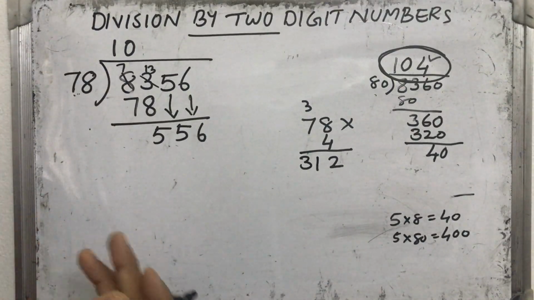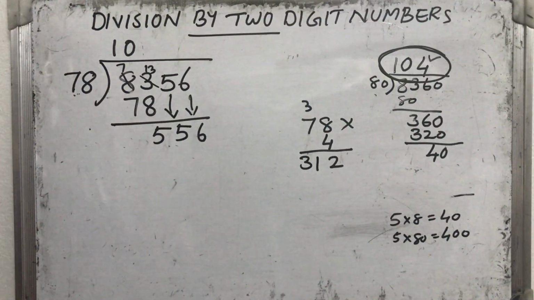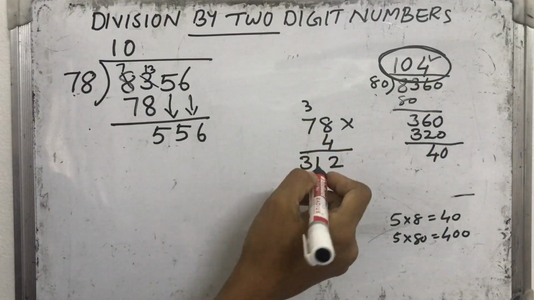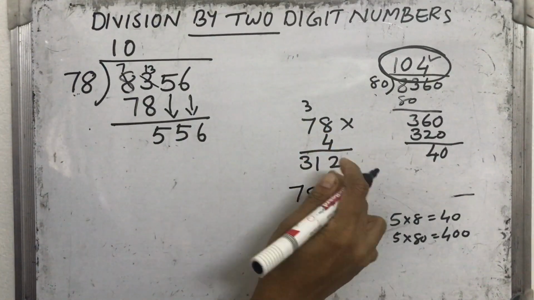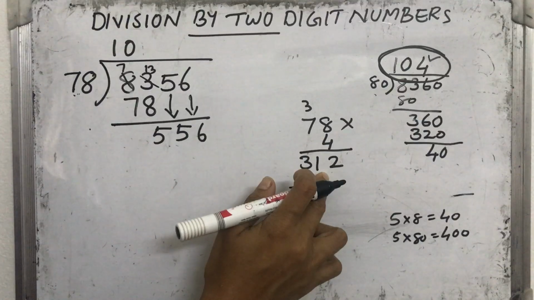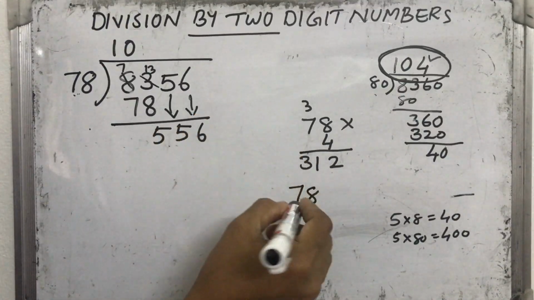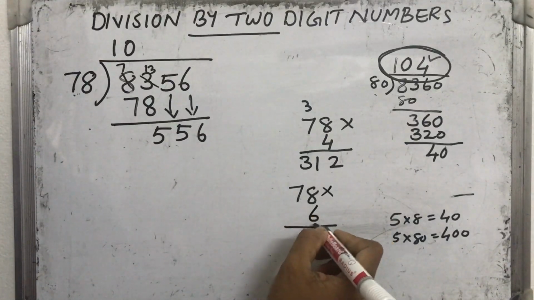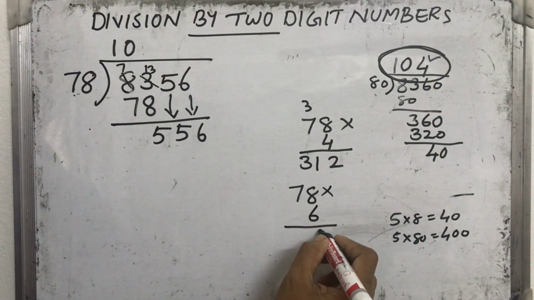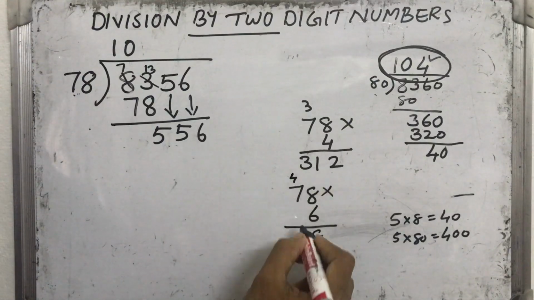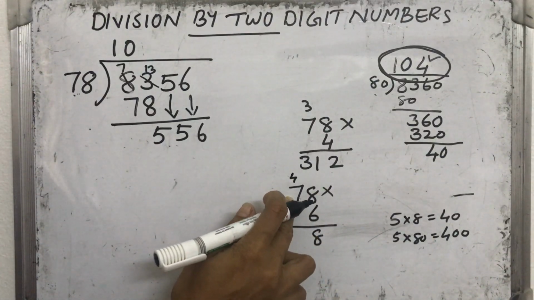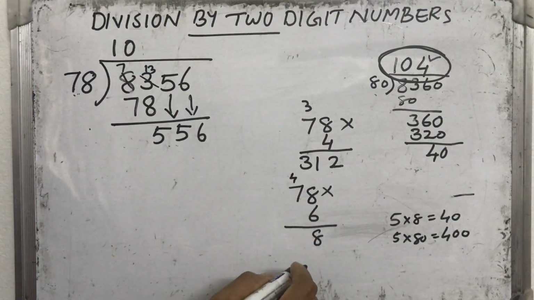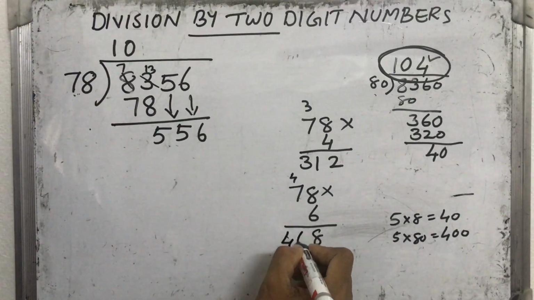So we can take another number. 78 into 6, what will it be? 6 into 8, 48, carrying 4. 6 into 7, 42, 42 plus 4, 46.